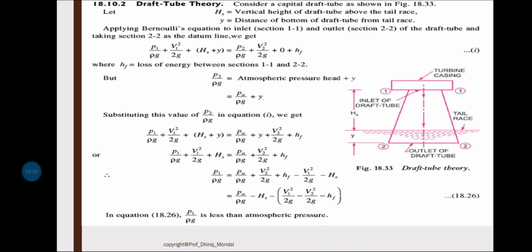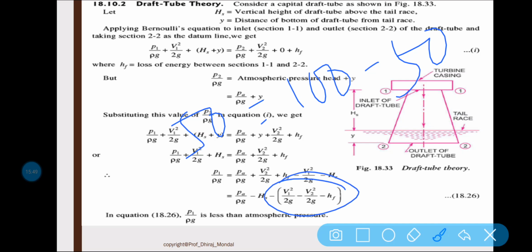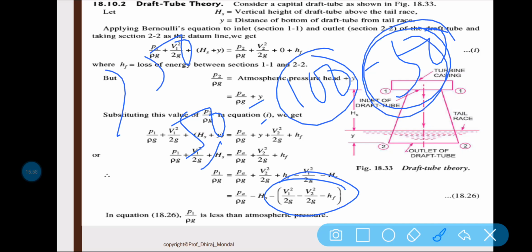That means we are just subtracting. If we consider this as 50, P1 by rho g is 50, then the atmospheric head should be 100, or greater than 50, so that if I deduct whatever the positive value is, then only it will be equal.